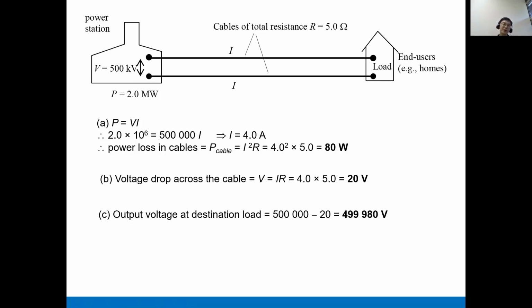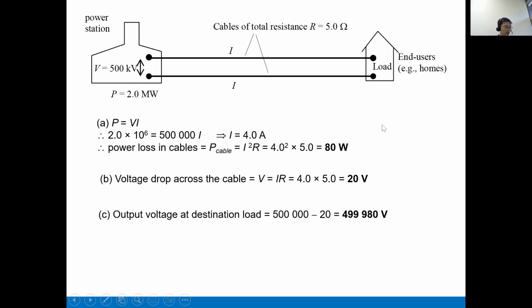If you use 500 kilovolts squared divided by R, you will get an insane amount of power loss, which is not correct. So take note: I strongly recommend using I squared R to find power loss in the cables rather than V squared over R.